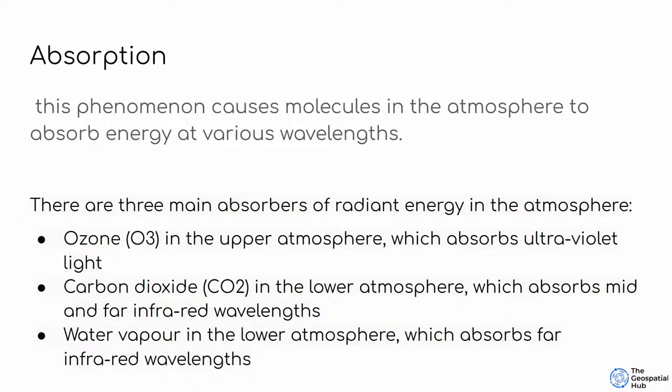Without this protective layer in the atmosphere, our skin would burn when exposed to the radiation coming from the sun. That's why we hear the ozone is depleting. We should conserve our environment. Basically, the ozone in the upper atmosphere absorbs the ultraviolet light.